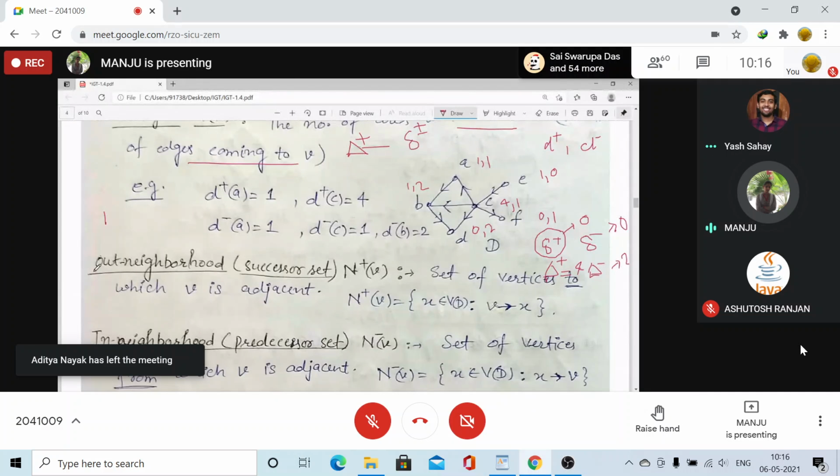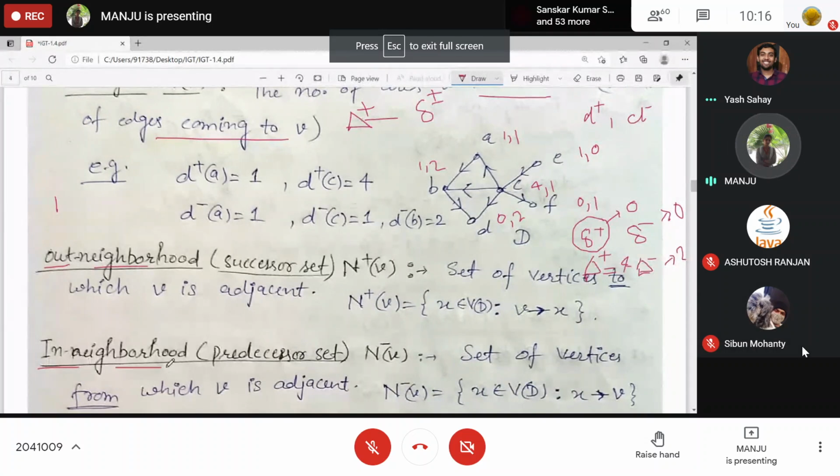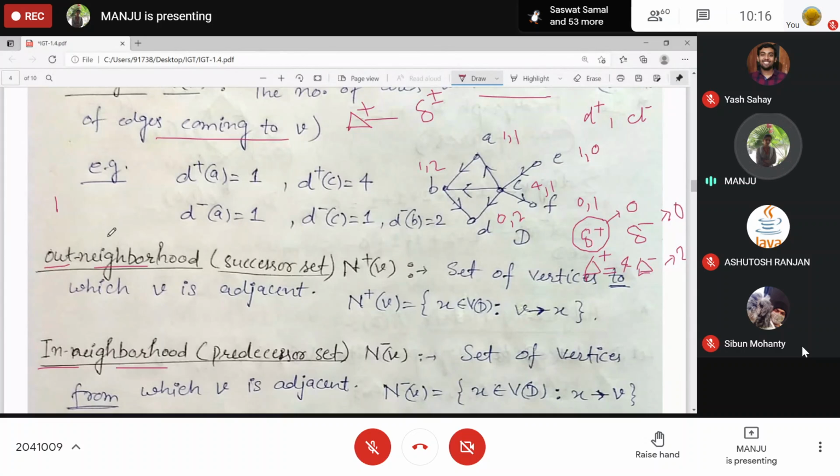And here we have out neighborhood and in neighborhood. Clear? What do you understand by the out neighborhood of this V? Those which are adjacent from V, right? You will collect all those points. These edges are going out, and wherever they meet, these form the out neighborhood.